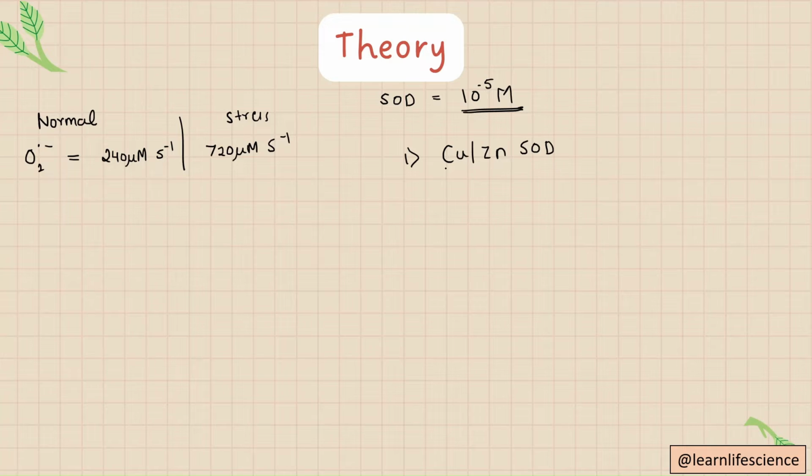The first form, that is the copper zinc form, is the most abundant class of plant superoxide dismutase. Now it can be present in a homodimeric form or in a homotetrameric form. It depends upon the localization, where it is present. For example, the homodimer form is generally present in cytosol as well as periplasm.